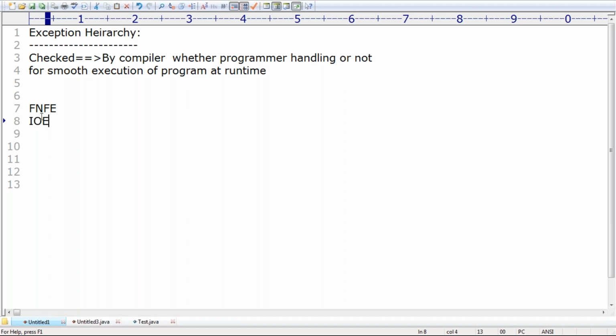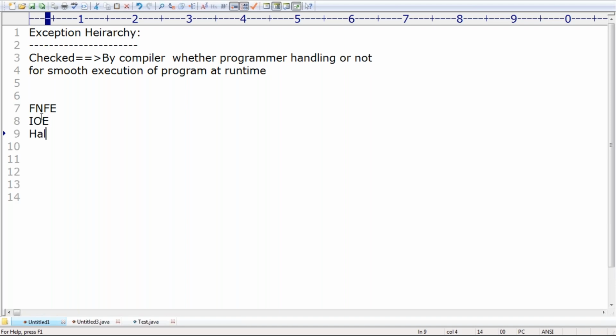Wherever you use the throws keyword in your regular code, throws Exception, throws SQLException, throws ServletException, throws IOException, wherever in general you use the throws keyword, it is by default a checked exception only. Sir, why do you use it? Because of a compile time error only. To convince the compiler only, you use throws. That's why all those things are checked exceptions.